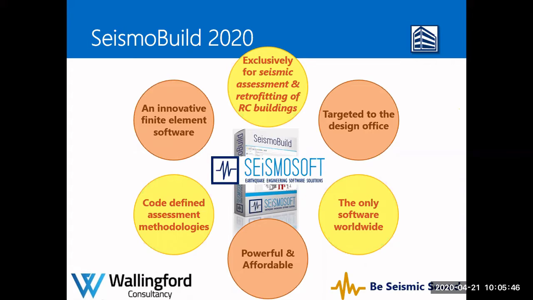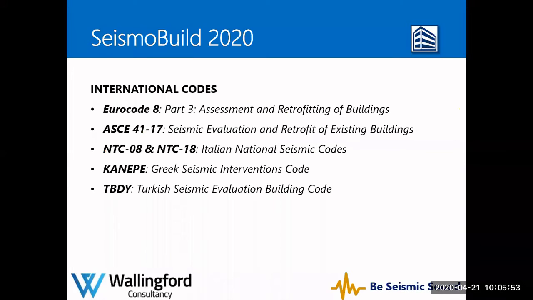SeismoBuild currently supports 5 international design codes for seismic assessment. All these 5 international design codes are already implemented in our program: Eurocode 8 Part 3, which specializes in the assessment and retrofitting of buildings, and of course ASCE 41, which is the one for today's discussion.